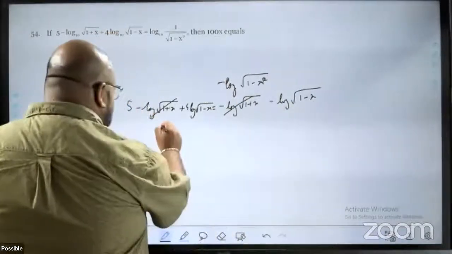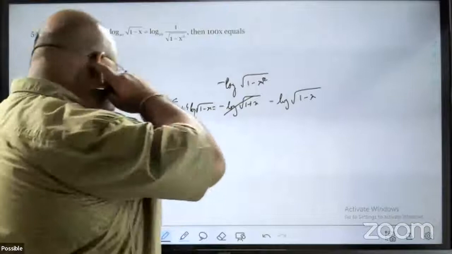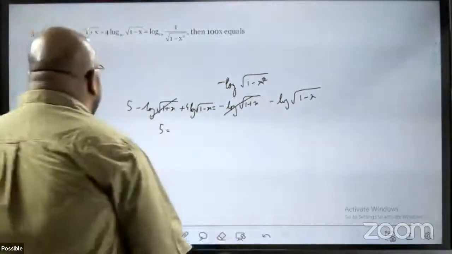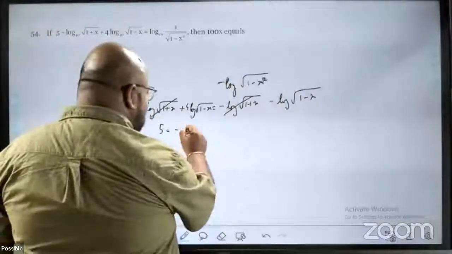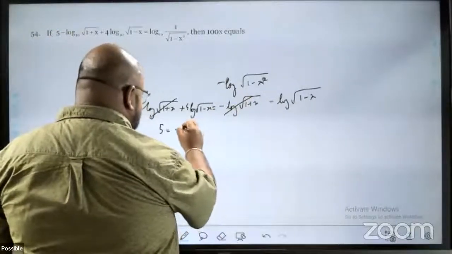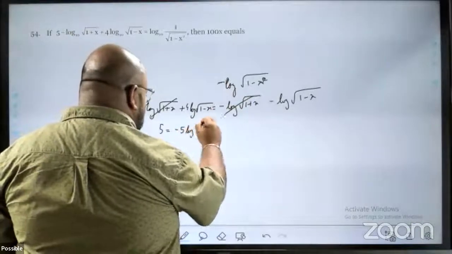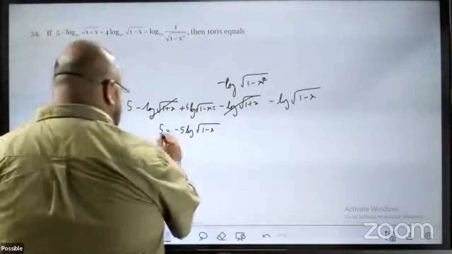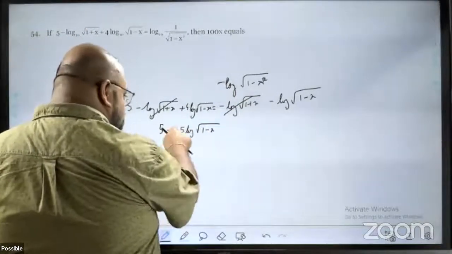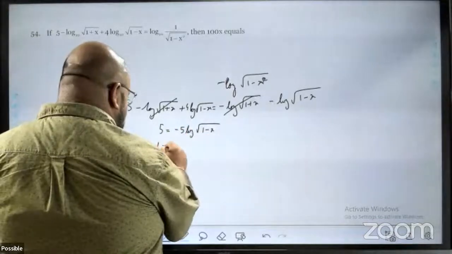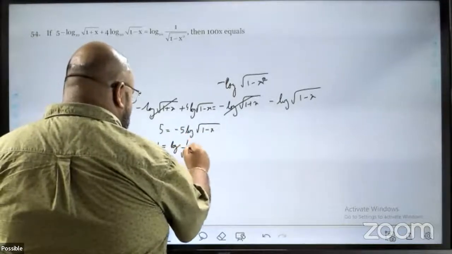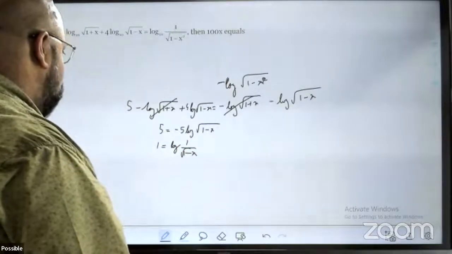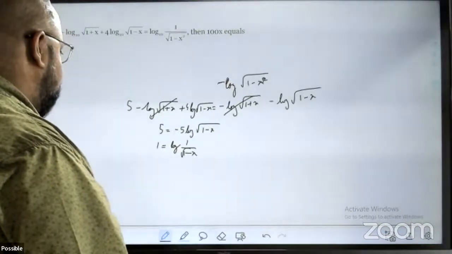So this becomes 5 is equal to minus 4 minus 1, so minus 5 log root 1 minus x. So the 5 and 5 cancel. To make it positive, I write 1 is equal to log 1 upon root 1 minus x. Something like this. We will find a value of 100x.